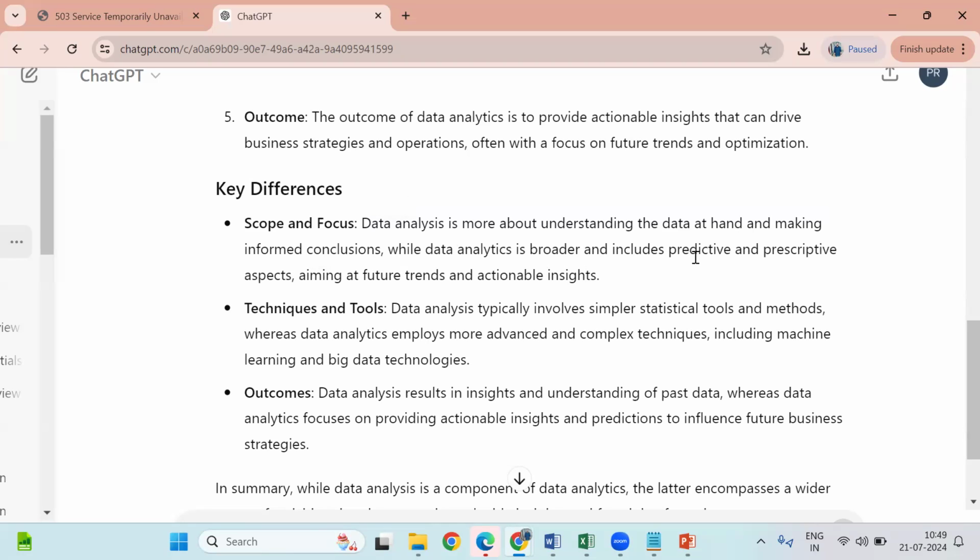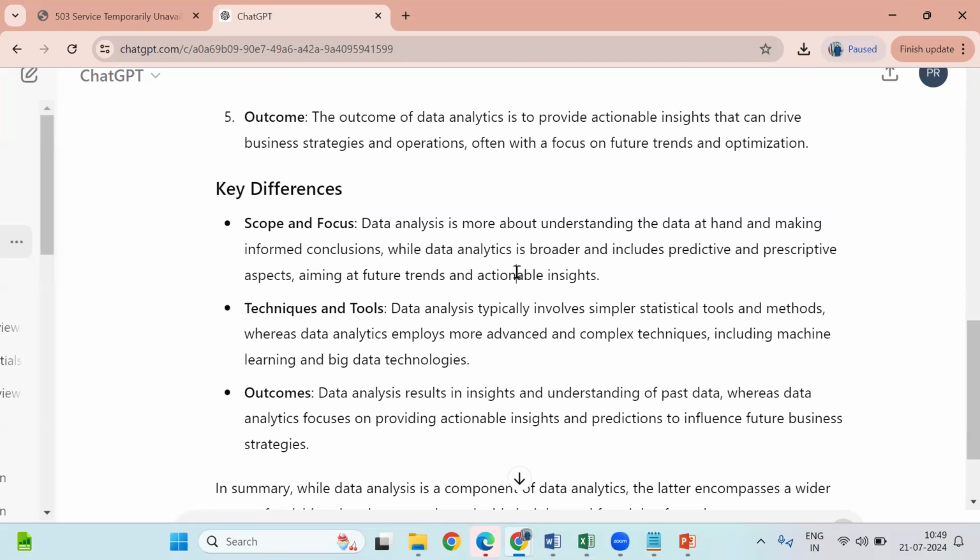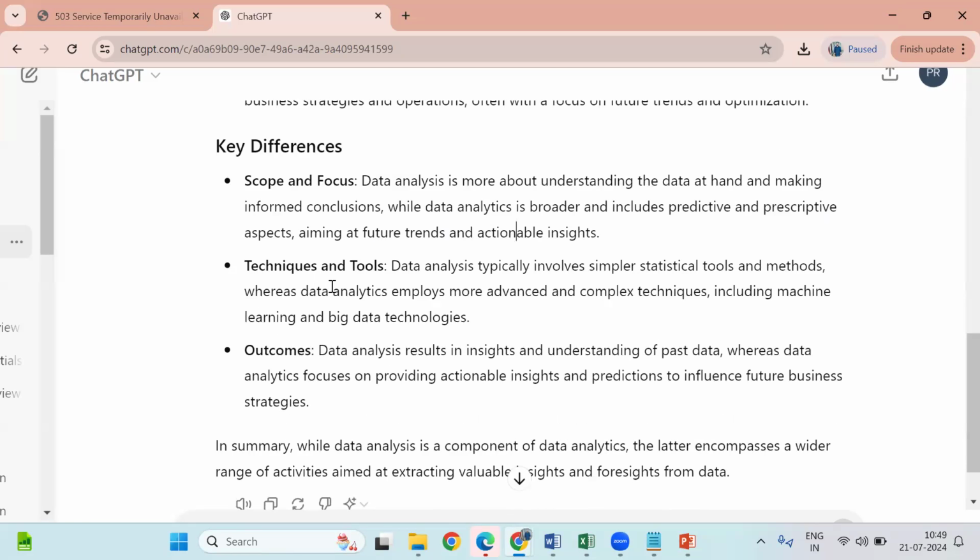Data analytics is broader and includes predictive and prescriptive aspects. For technique and tools, data analysis typically involves simpler statistical tools and methods, whereas data analytics employs more advanced and complex techniques.